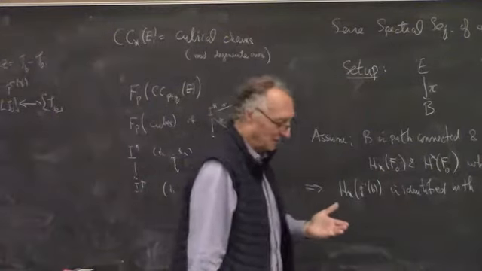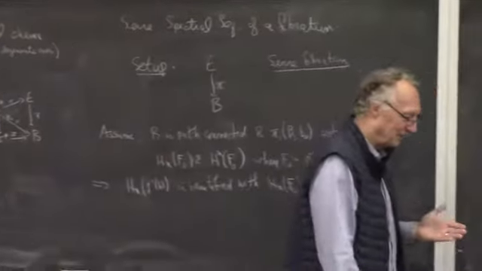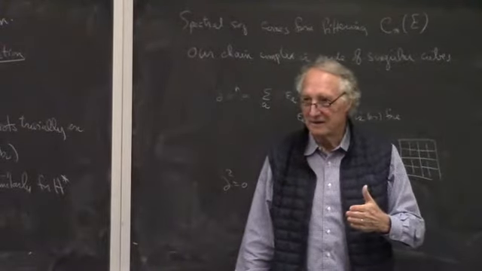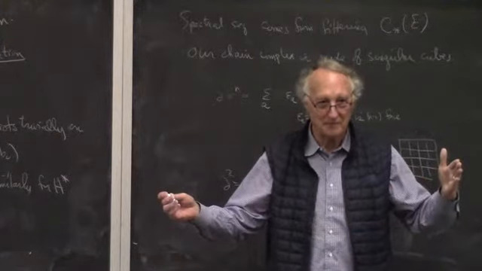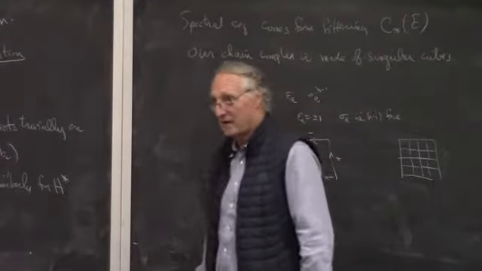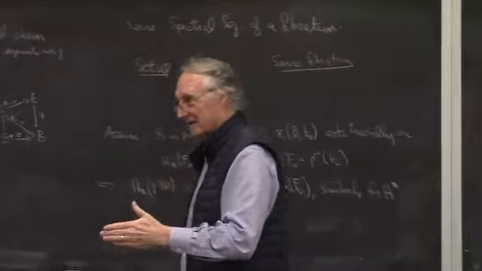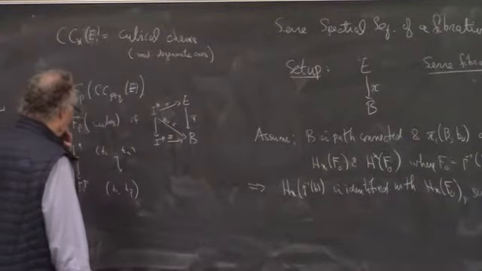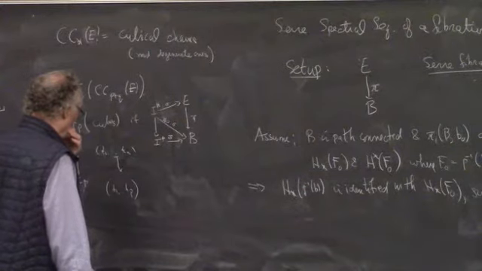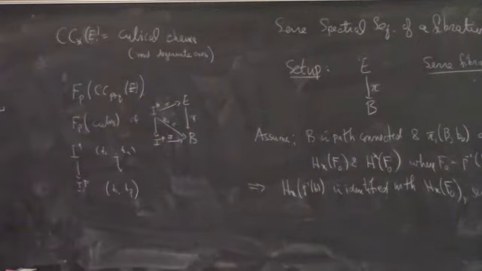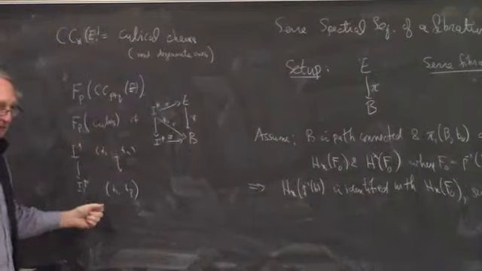So for example, what does it mean to be in filtration level 0? For a cube to be in filtration level 0 simply means what? It maps into the fiber. It has to map down to the point, the basepoint.